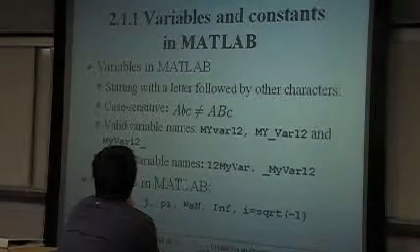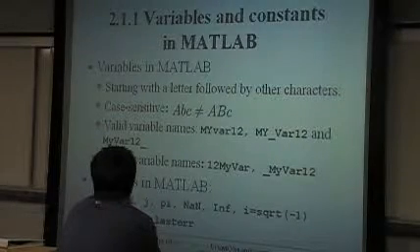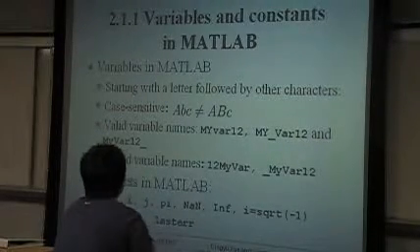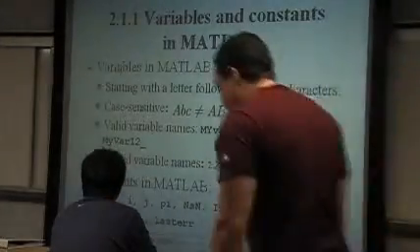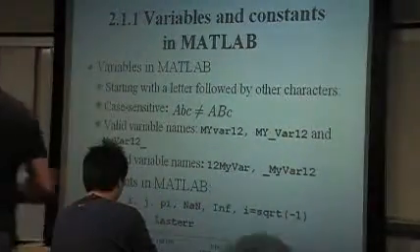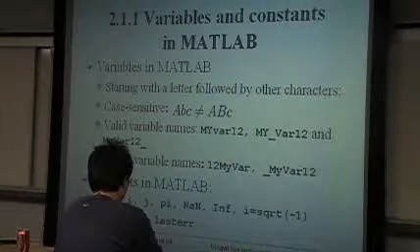In Matlab, the essential part of Matlab is variables, just like C. You can use a variable name, and there are some restrictions on the name of variables. The first character in the variable name must be a letter, an English letter.